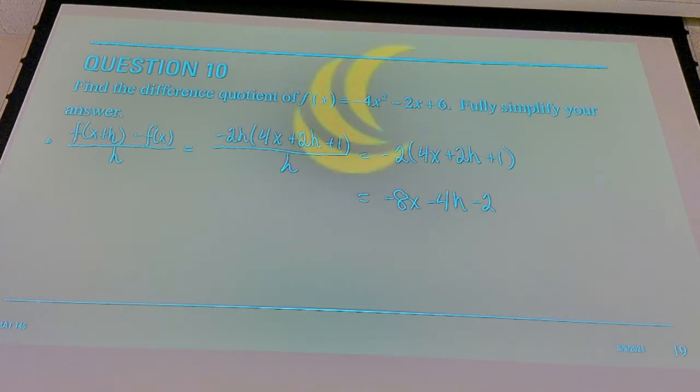So you have to be careful. You have to actually pay attention to what the question is asking. If the question is asking for fully simplified, you'd have to write the first answer and factor out the -2. If it doesn't ask for full simplification, I would accept either one.